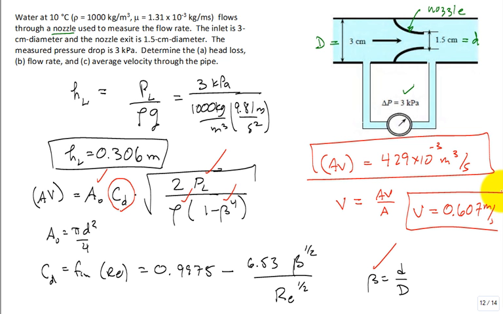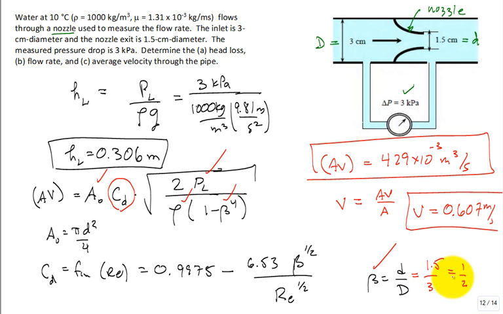How do we find CD when we iterate, basically the fraction, and what else is the second part, negative 6.53 beta? How did we bring that? Well, beta is known for this problem. It's 1.5 divided by 3, so that's 1/2.